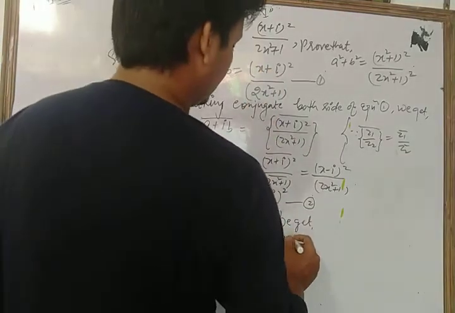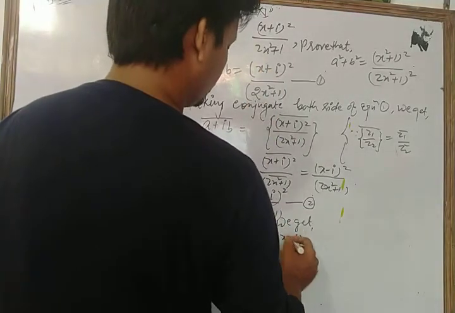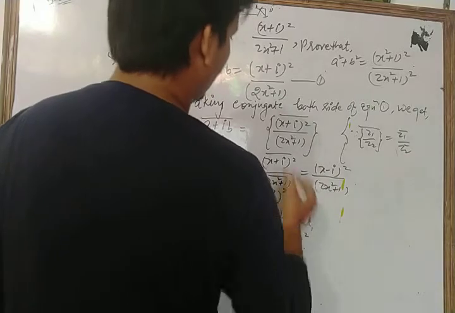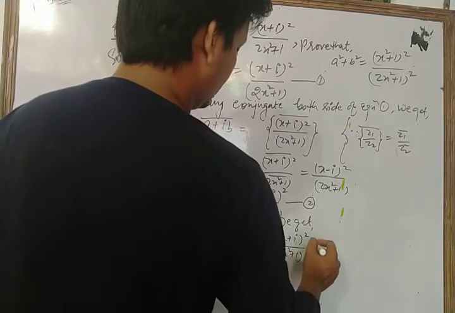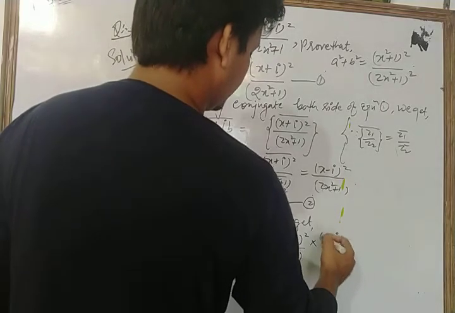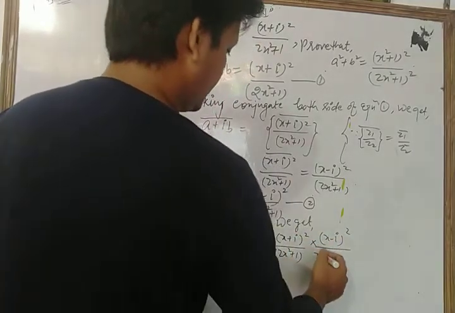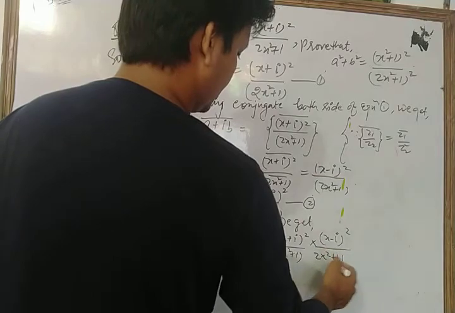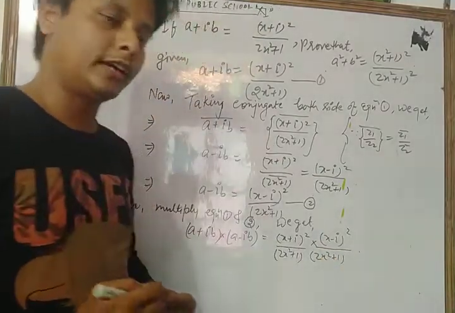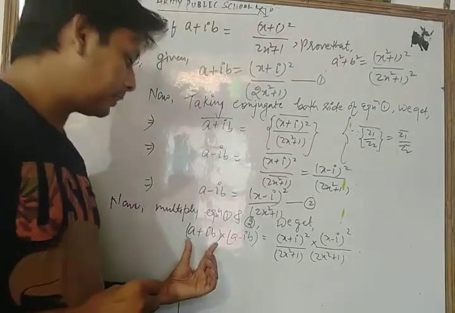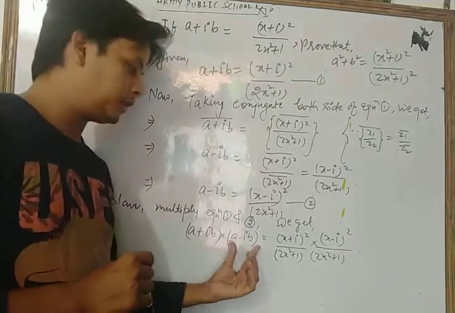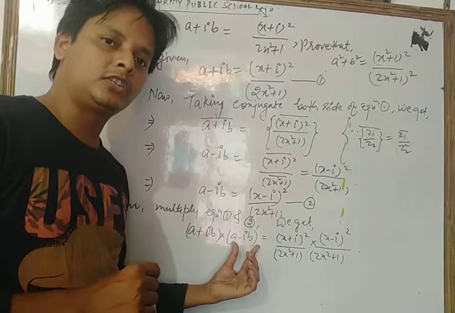Here write (x + i)² upon 2x² + 1 into (x - i)² upon 2x² + 1. We write as it is. Now let's see, if we multiply a + ib into a - ib, this is the form of (a + b)(a - b), so we can write it as a² - b².